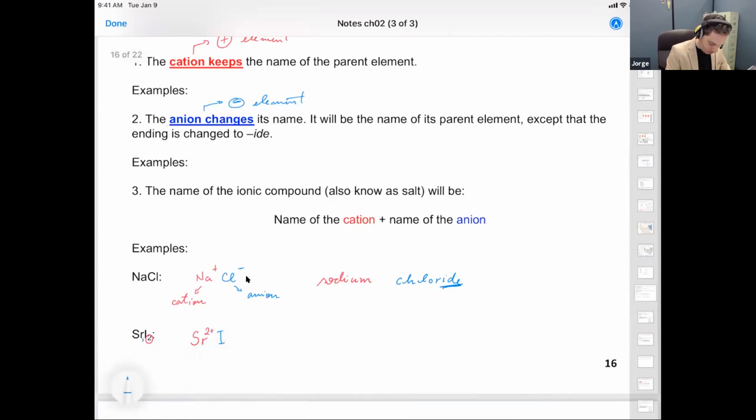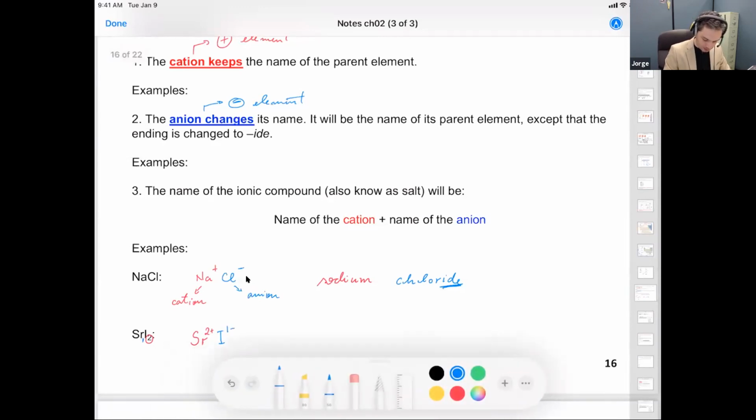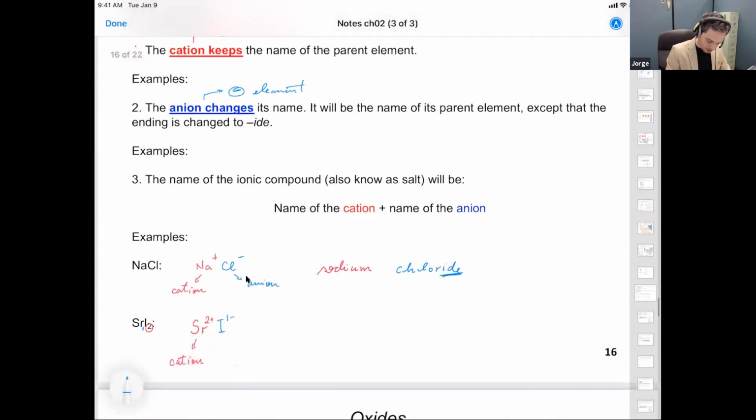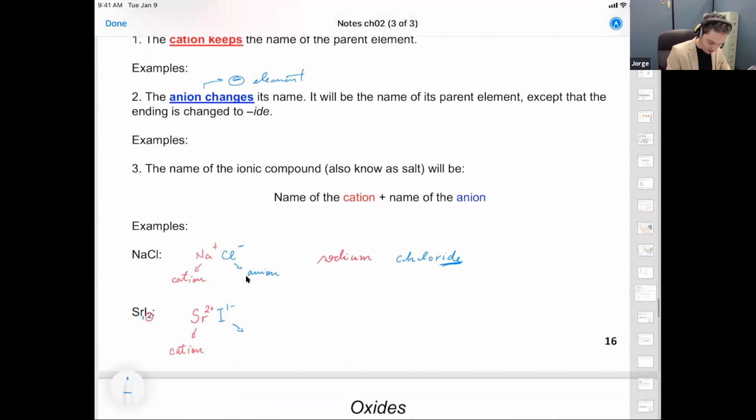And there is a number 1 here that we never show because the charge of iodine is 1 minus. Therefore, we have here strontium 2 plus as our cation and iodine 1 minus as our anion.